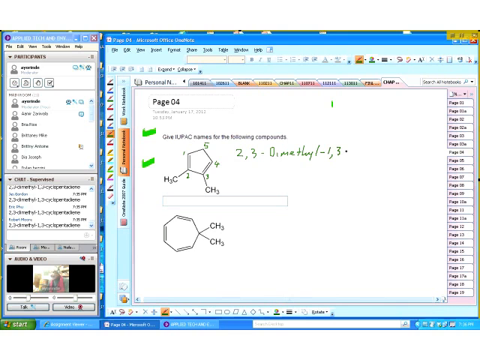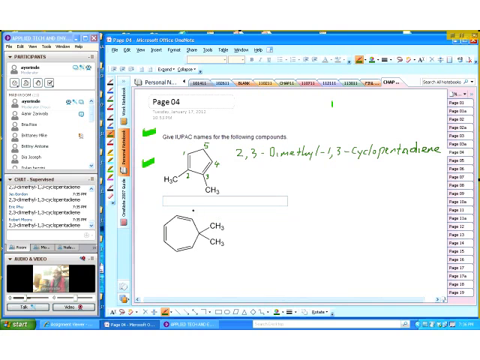That's 1,3-cyclo, because it is a cyclic molecule. Penta, because it contains 5 carbon atoms. Then you have diene to show that you have 2 double bonds.